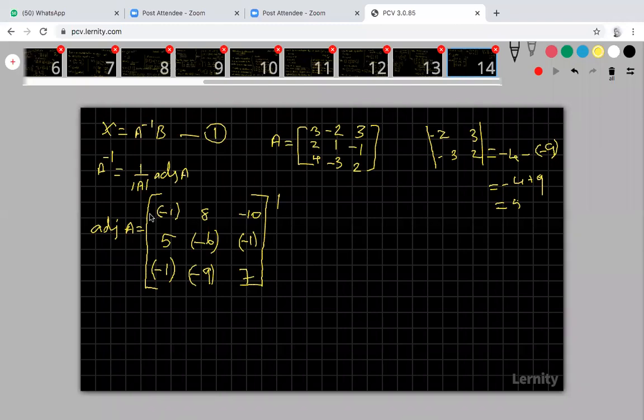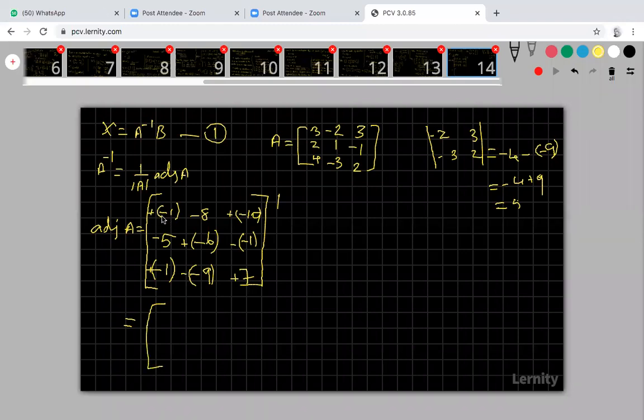If you multiply by plus, minus, plus, minus, plus, minus, plus, minus, plus, those are called cofactors, and take a transpose, that is the adjoint of the matrix.